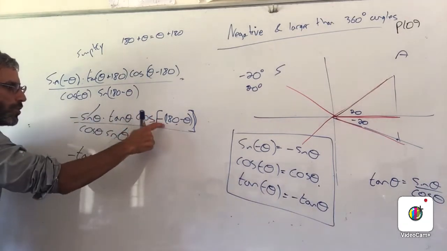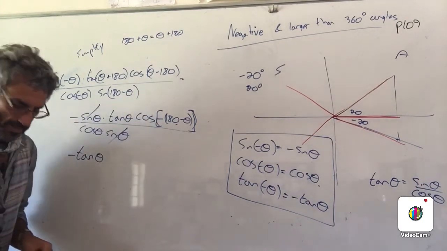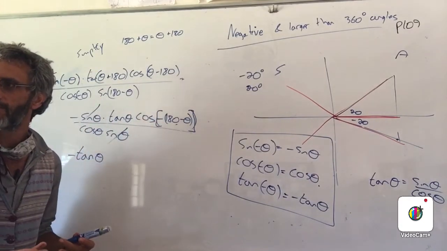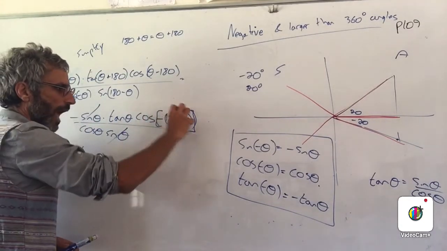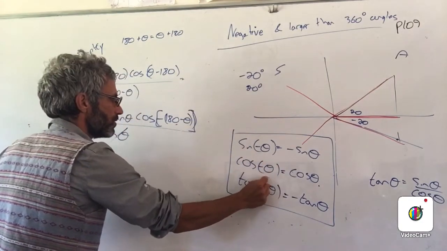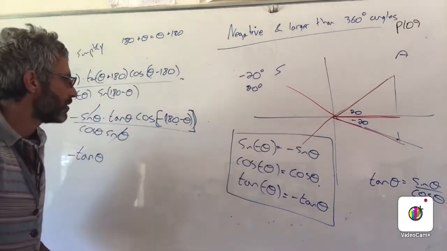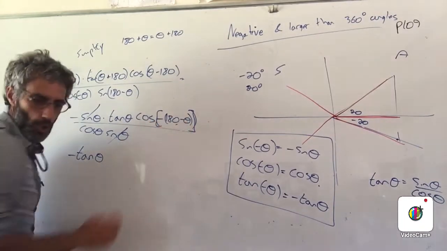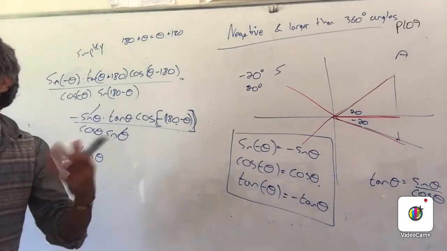What should we do with this? Look at this. We've got cosine of minus something. That's an angle, so I can use this rule. It's cosine(-(180 - theta)). We can call it a K method if you want.